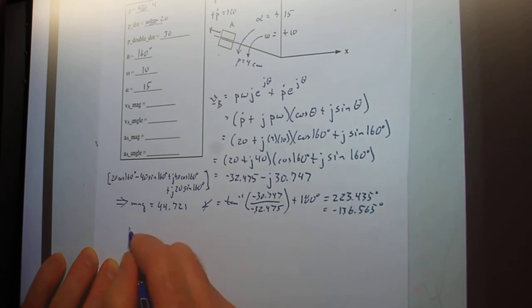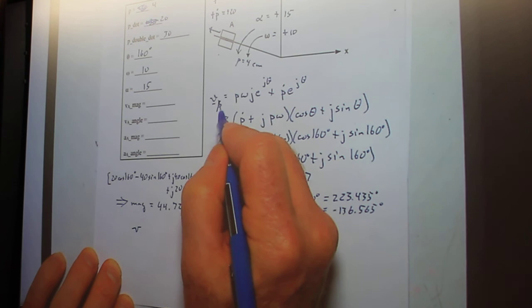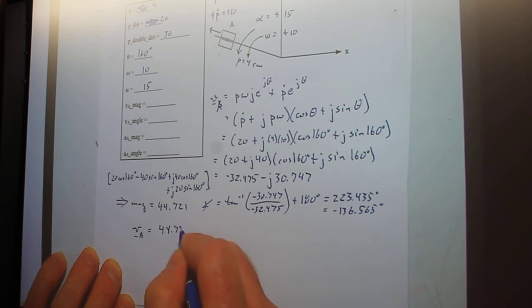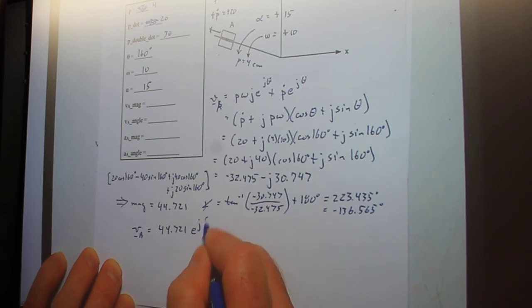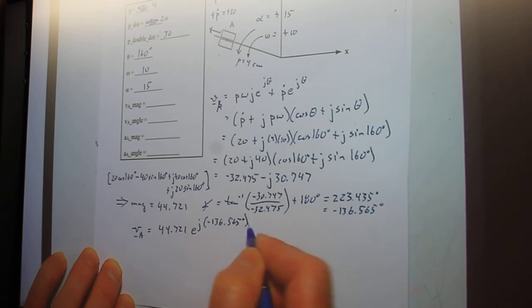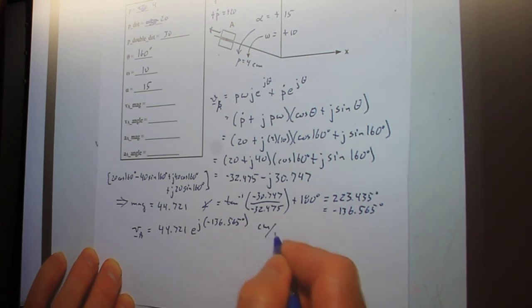So your answer for the velocity equals 44.721 e to the j minus 136.565 centimeters per second.